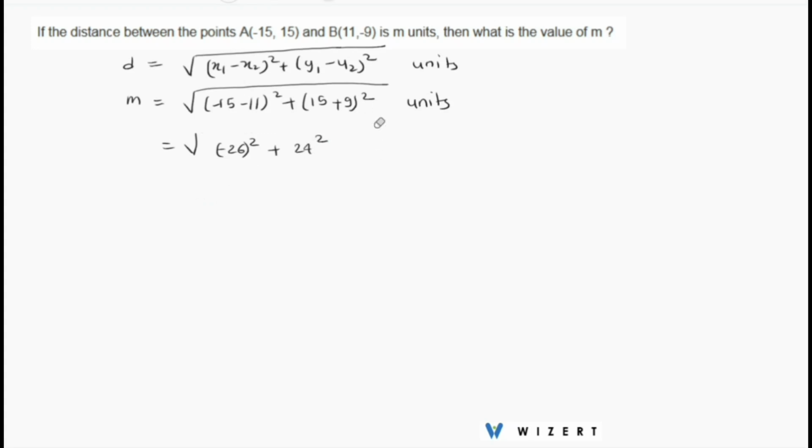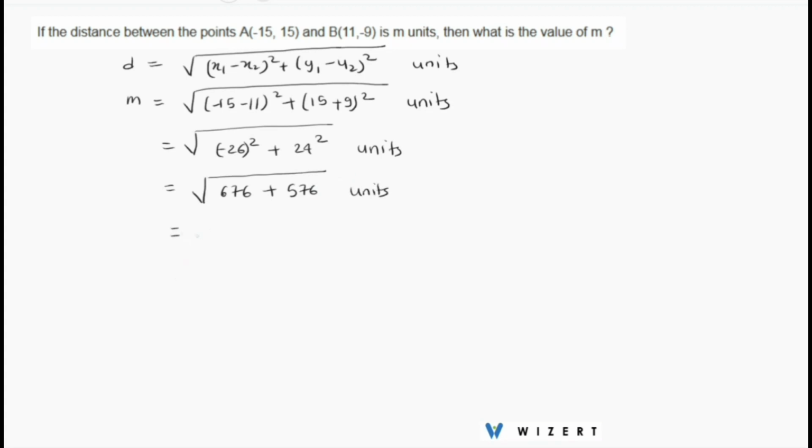So let's see what we have under root of, minus 26 whole square is equal to 26 square, which is 676, and 24 square is 576 units.